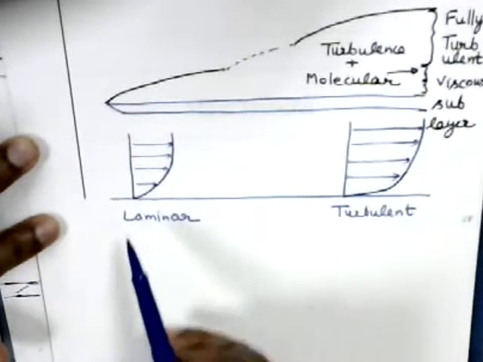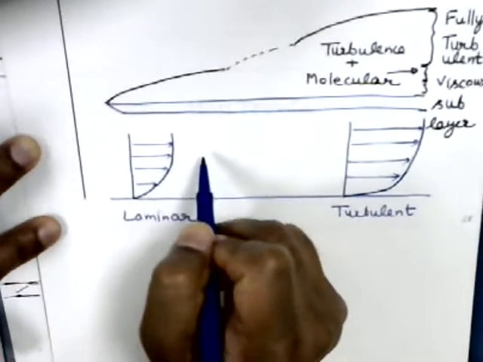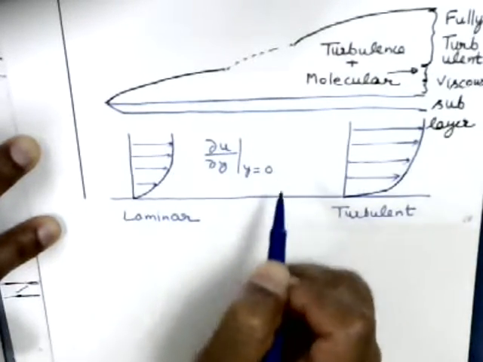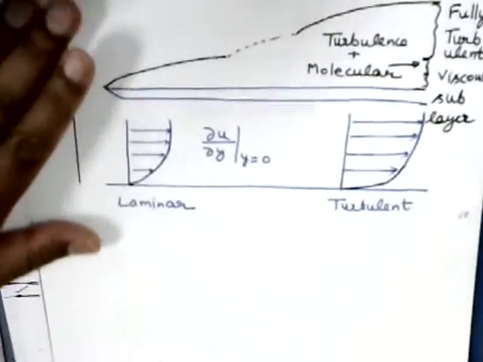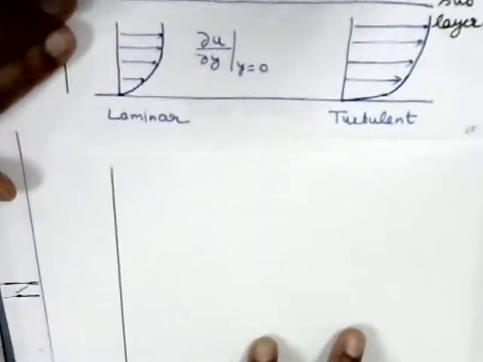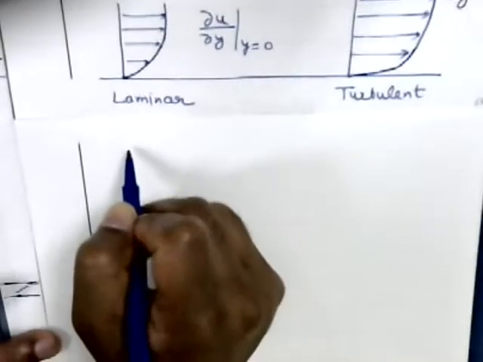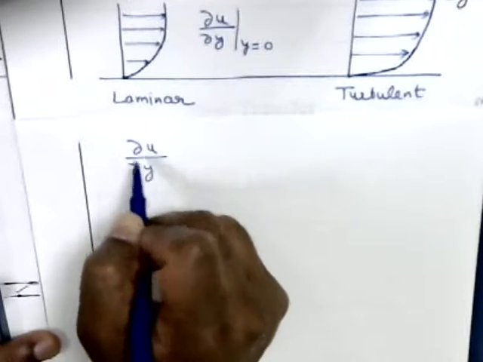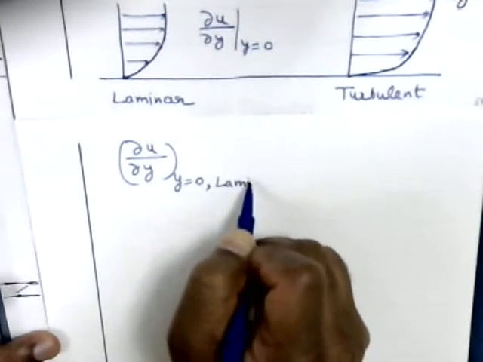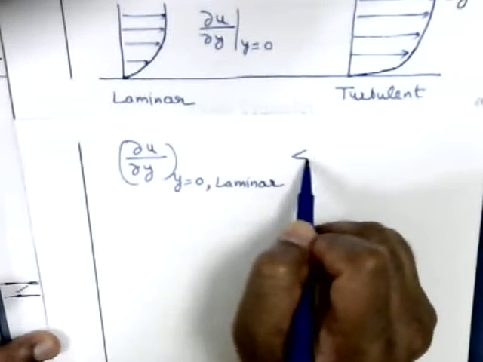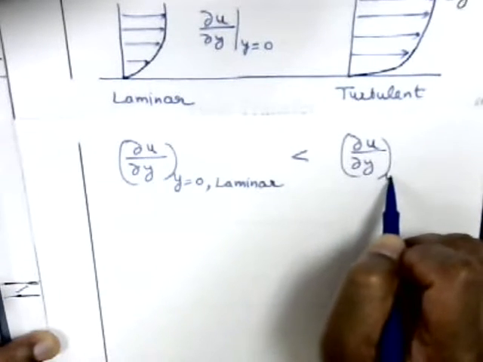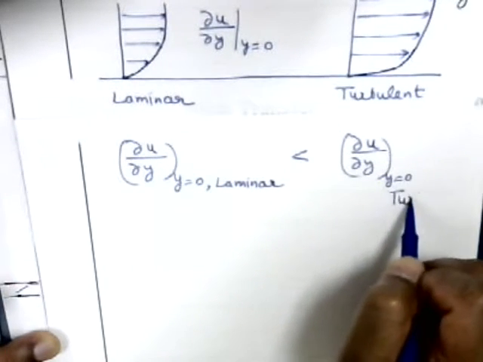So you see, what you see here is del u del y at y equals 0. Del u del y at y equals 0 for laminar is much smaller than del u del y at y equals 0 for turbulent.